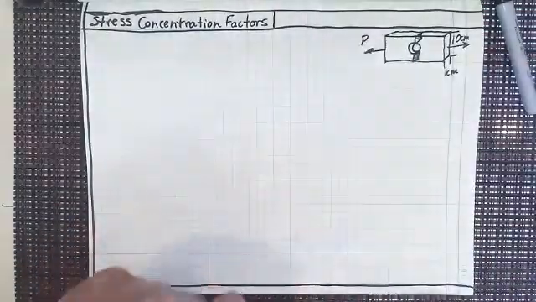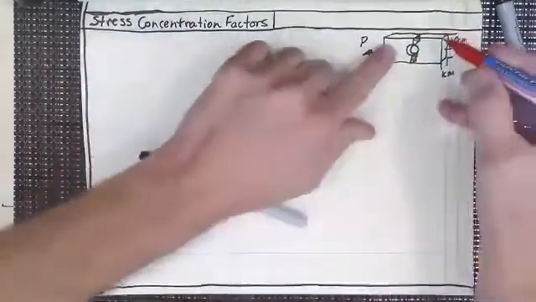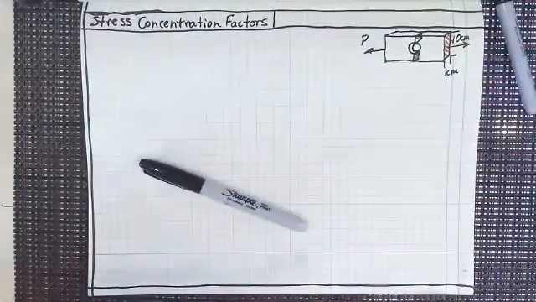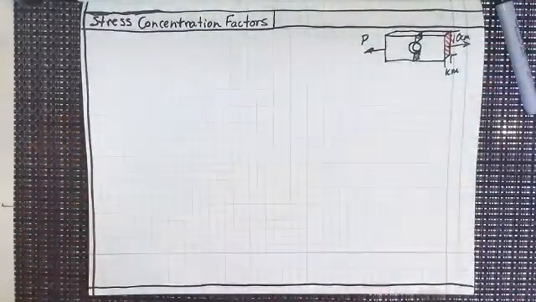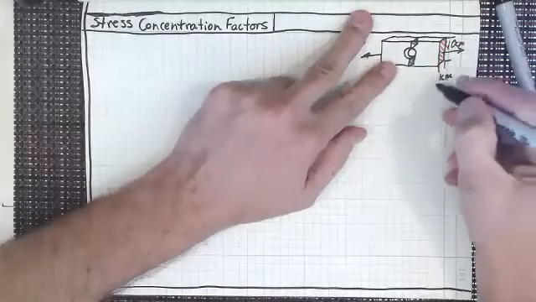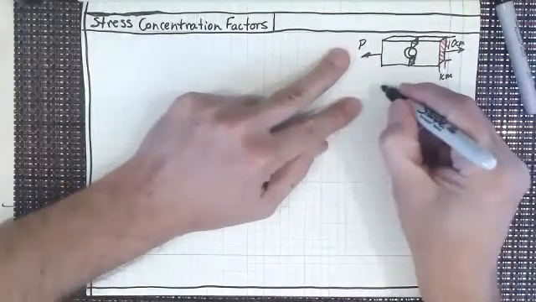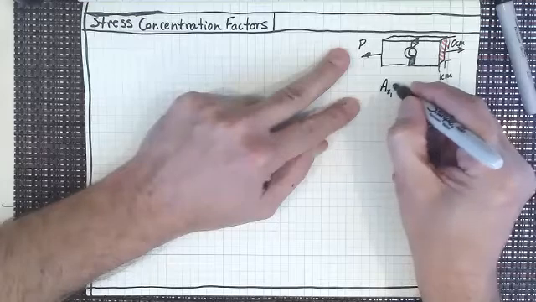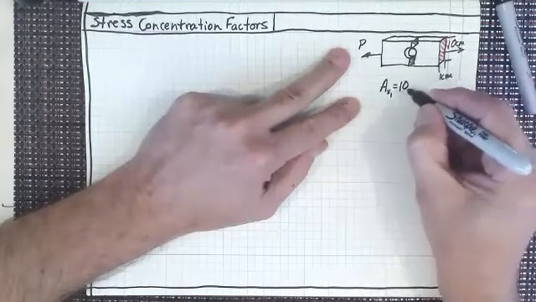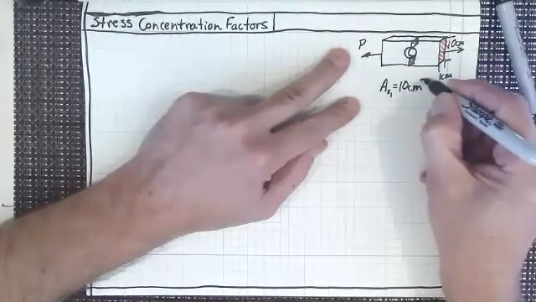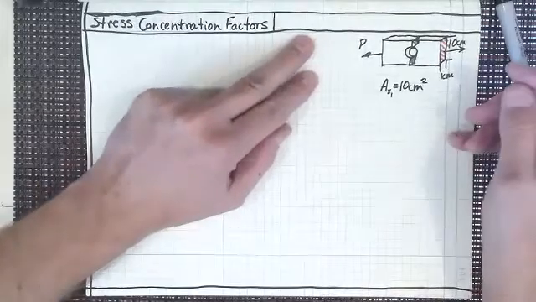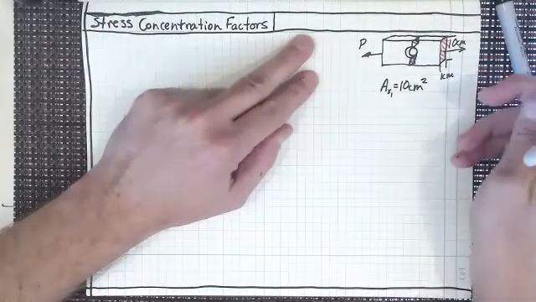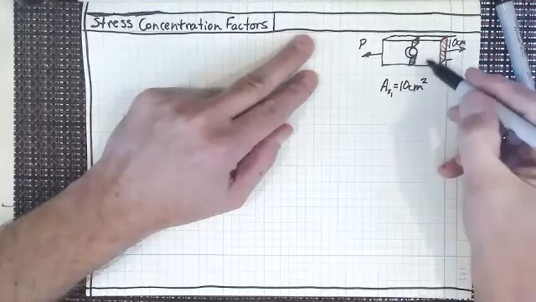So if we look at the cross-sectional area of the tensile specimen, and we can put a force on there, we see that we've got 10 square centimeters. So I'll say that the cross-sectional area, AX1, is going to be 10 square centimeters, right? Which would be 1 times 10 to the minus 3 square meters, but we'll talk about that later.